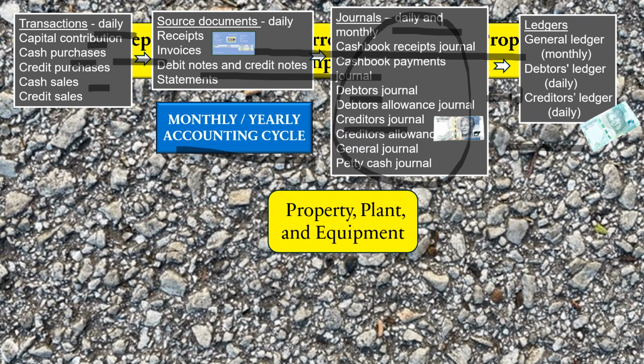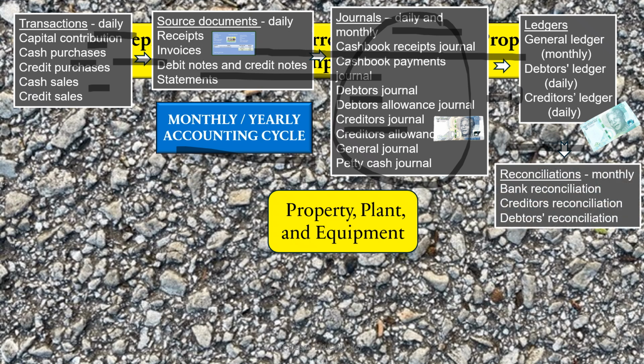You got the general ledger, accounts receivable and accounts payable, the debtors ledger and the creditors ledger. And then you also did reconciliations, a bank reconciliation. And after 12 months, you have drawn up a pre-adjusted trial balance.